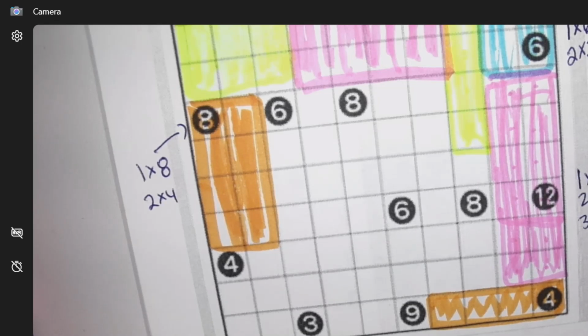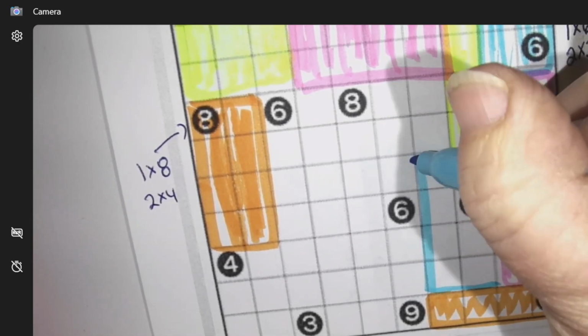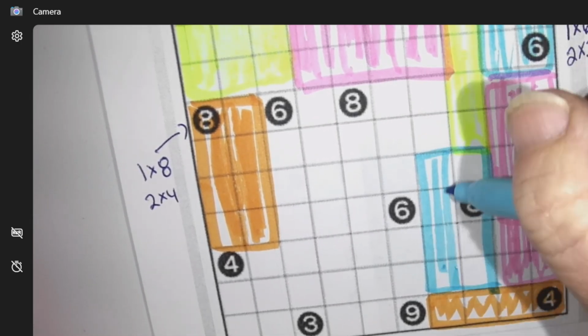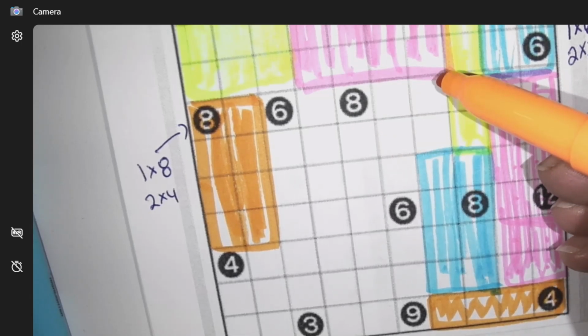Okay, should we tackle the 8 next? What do you think you have to do with the 8 here? 2 and 4. A 2 by 4? I think the other 8. What do you think about the other 8?